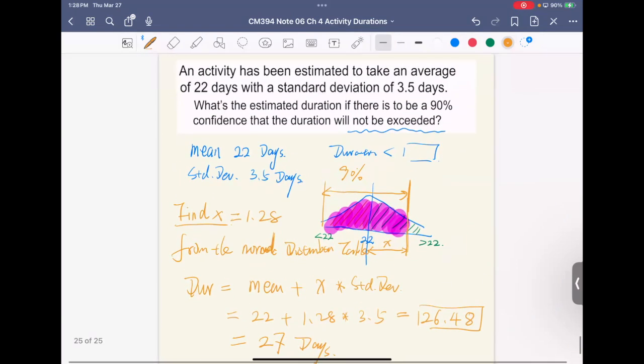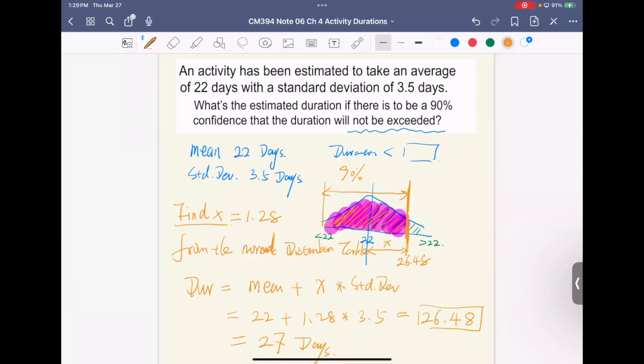So an activity has been estimated to be blah, blah, blah. What's the estimated duration? This estimated duration is 27 days, with a 90 percent confidence that the duration will not be exceeded. But since we round it up because we want to use this for the CPM calculations, the accurate day is 26.48 here, and the probability will be 90 percent.